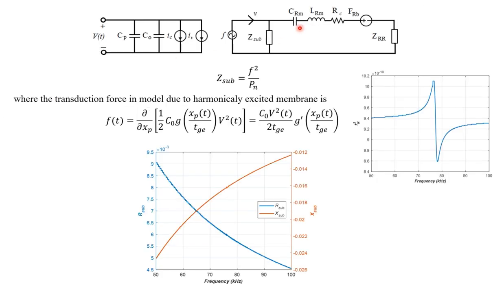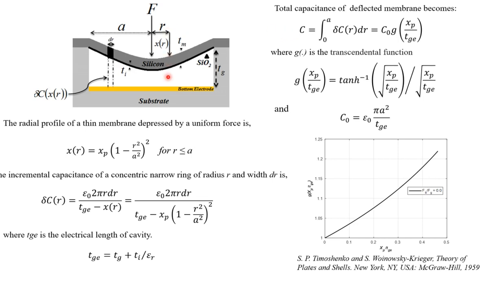And you can see in the model, the CRM and LRM are the compliance capacitance and the mass of the plate. So as long as the compliance is linear, by linear compliance I mean that there's no geometric nonlinearity, there is no material fatigue, the swings are not large. That means that it obeys Hooke's law.